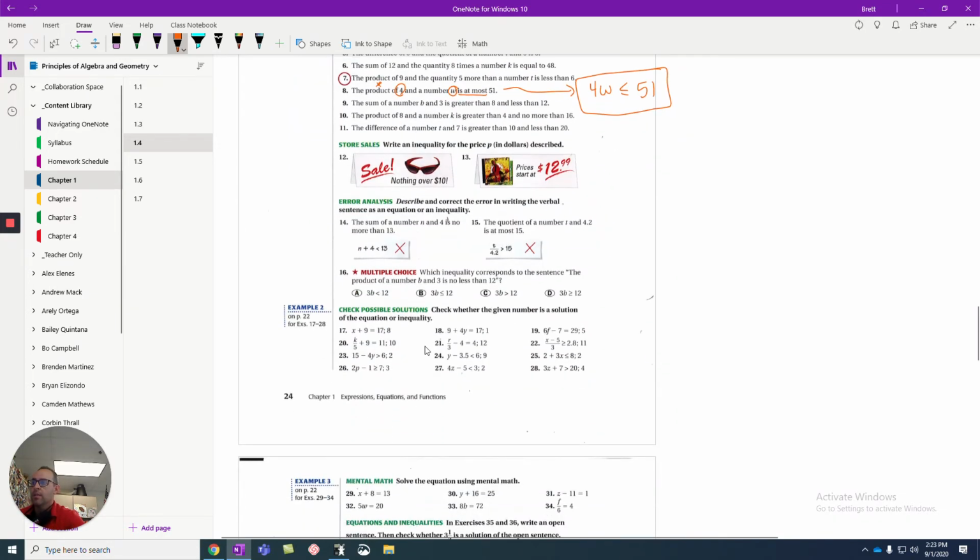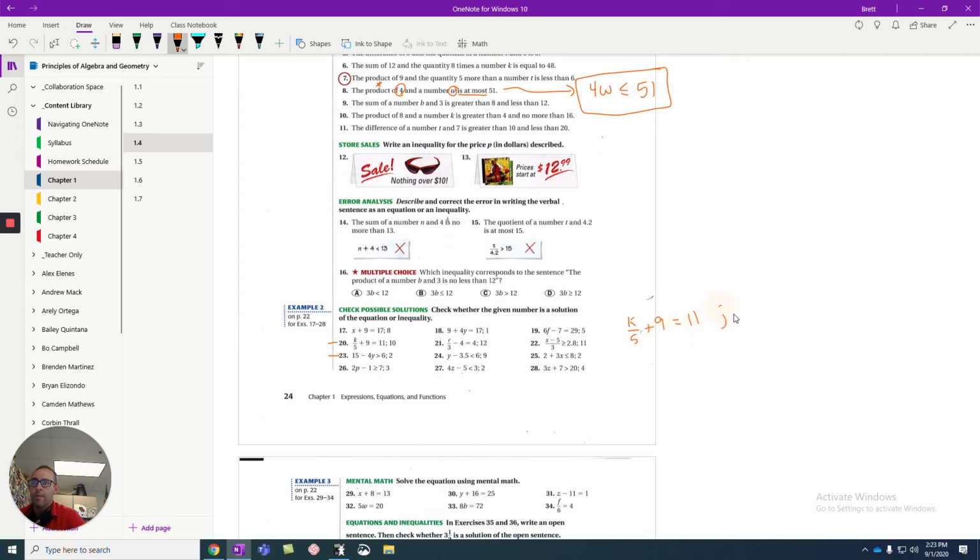Then down here, the next part that we really want to focus on is just how do we check to see if a number is a solution. So let's take a look at one equal sign. We'll do number 20. And then we're going to take a look at one inequality. Let's say number 23. We'll do these two problems and we'll call it good. So 20, we have k over 5 plus 9 equals 11.